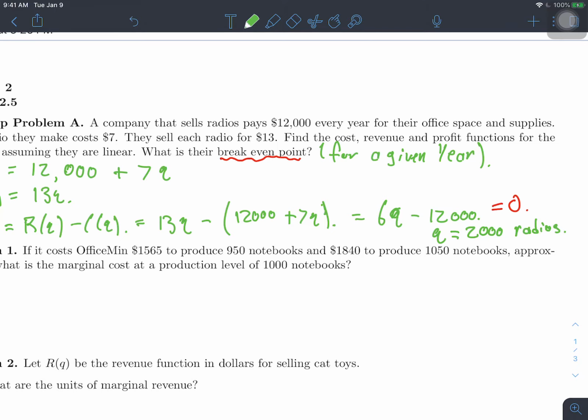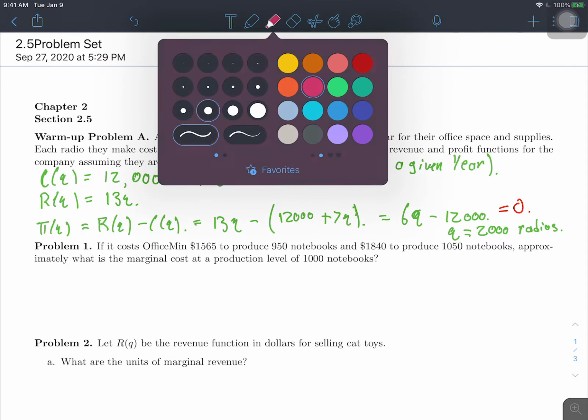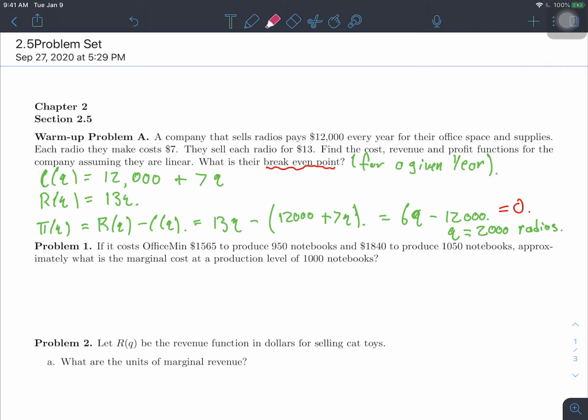All right, pretty standard problem. One thing I noticed on the exam was that when computing the cost function, there was a cost of beer per gallon or something like that, and a lot of people computed the cost function as a constant.